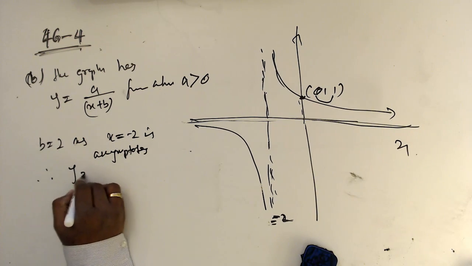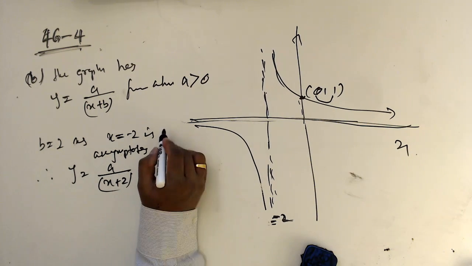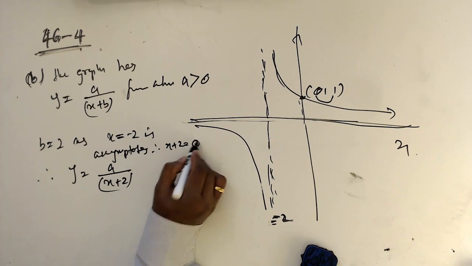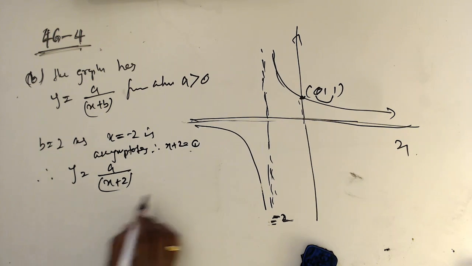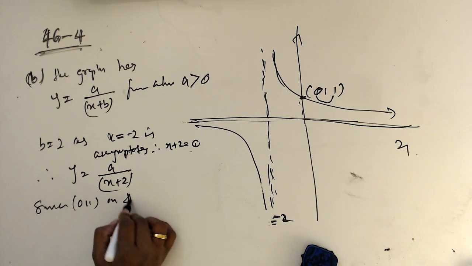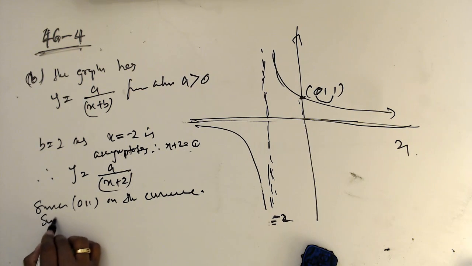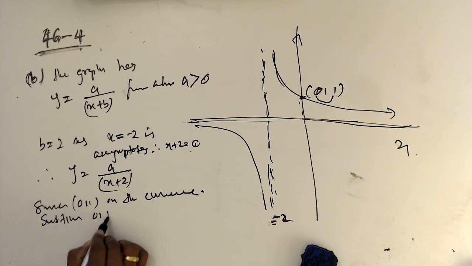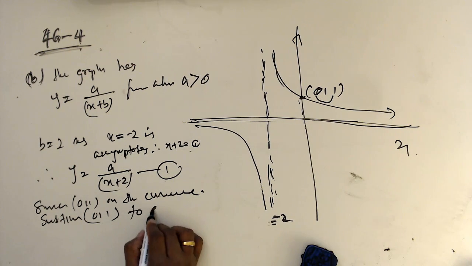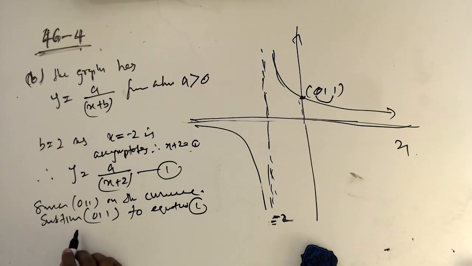Hence y equals a over x plus 2, and the asymptote is where x plus 2 equals 0. Then you can write, since 0, 1 is on the curve, substitute 0, 1 into equation 1 and get the answer.